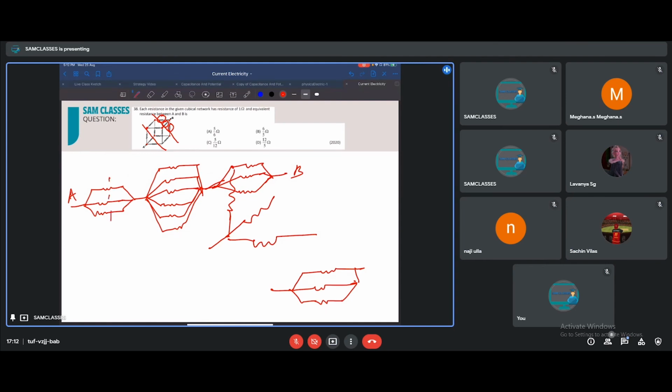So in case of parallel, it will be 1/3. Correct. And then for the next one it will be 1/6, and for this one 1/3. If I add it up, I'll get 5/6 using the LCM. Correct.